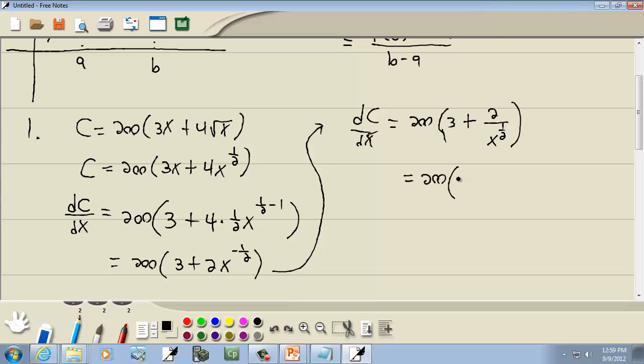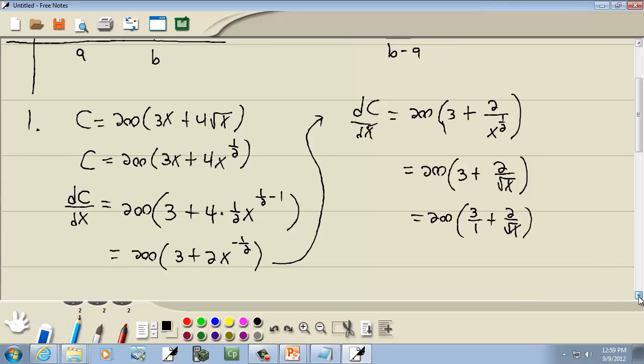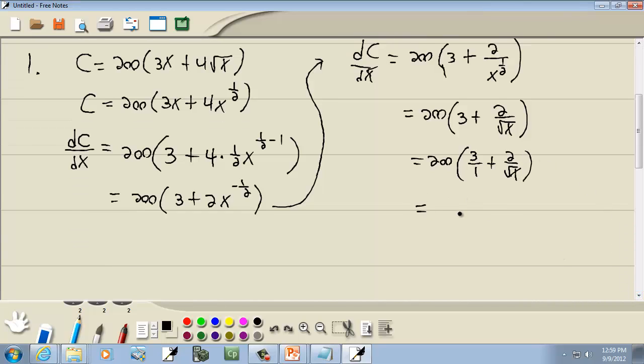Not sure how far they will simplify this one, but I'll put that back into square root form like that. And I'm going to get a single fraction. If you're going to get a single fraction, you're adding fractions, then they both should be fractions. So I'll put 3 over 1. Our common denominator would be the square root of x. So I'll rewrite each fraction with that new denominator.